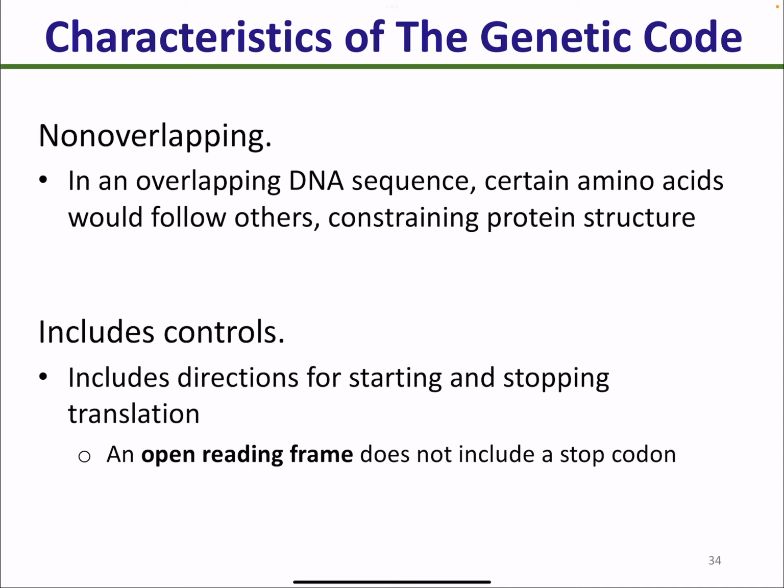If the genetic code was overlapping, this would have created a bunch of constraints in protein structure. I'm not going to take you into the details of that, but let me just mention it. Also, the system is going to control where the open reading frame starts and where it ends.